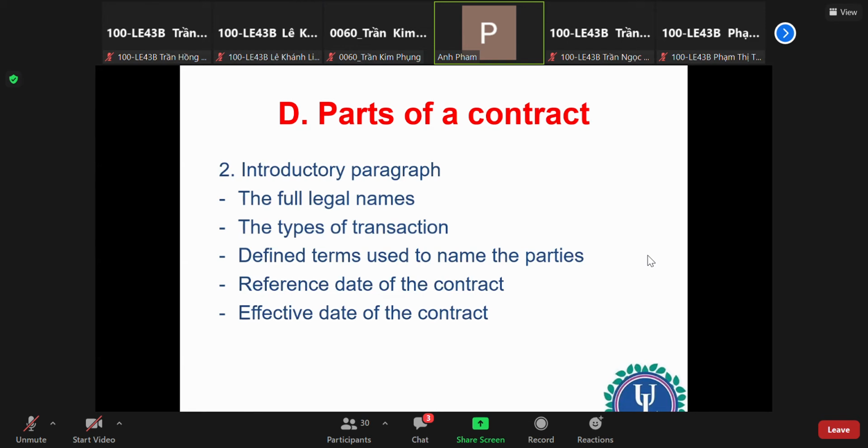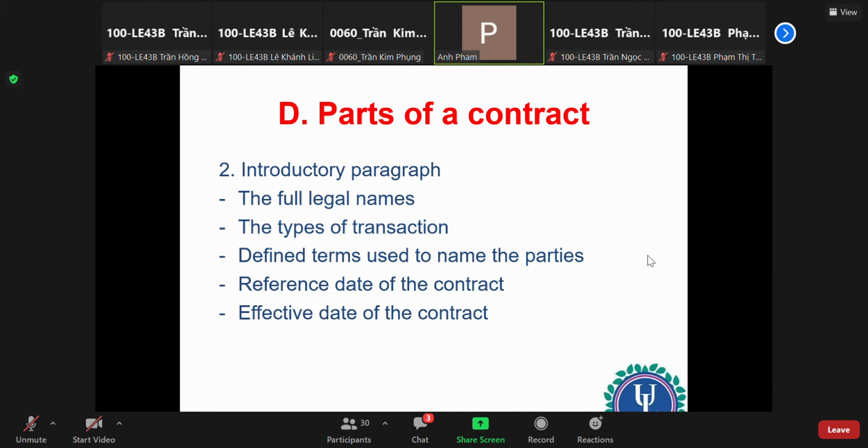In terms of an organization, an organization can be an enterprise under the Law on Enterprises, or it can be an association, subject to the Law on Association. So with each type of organization, there may be different details or information about that organization that you can put in.